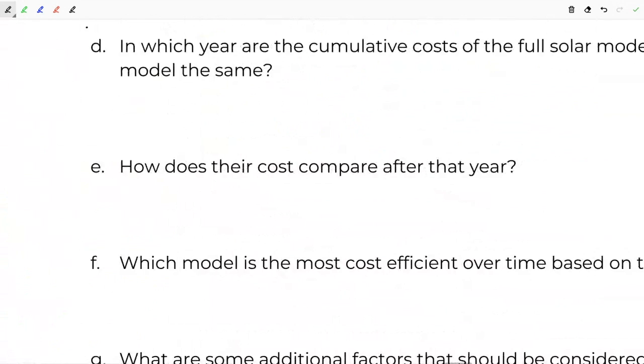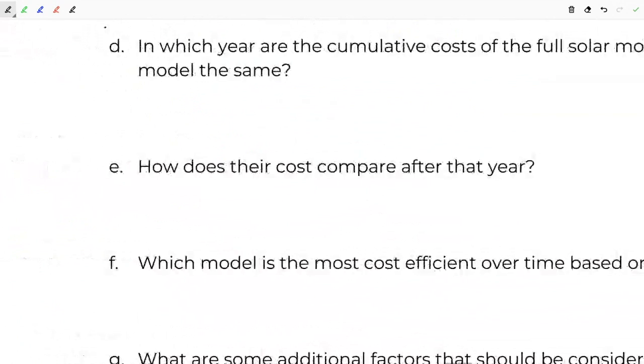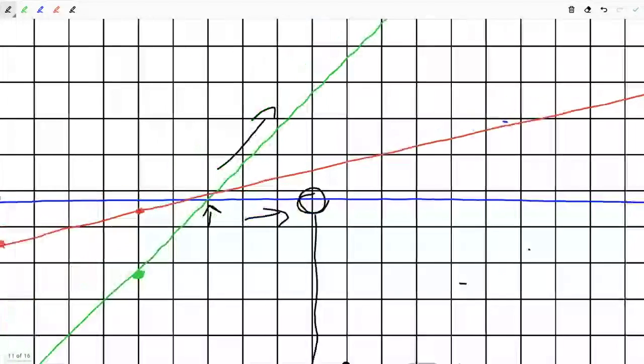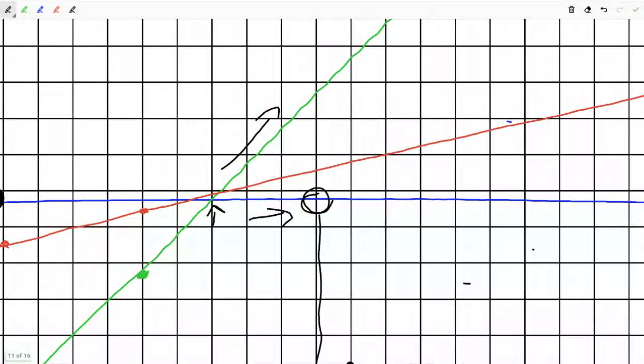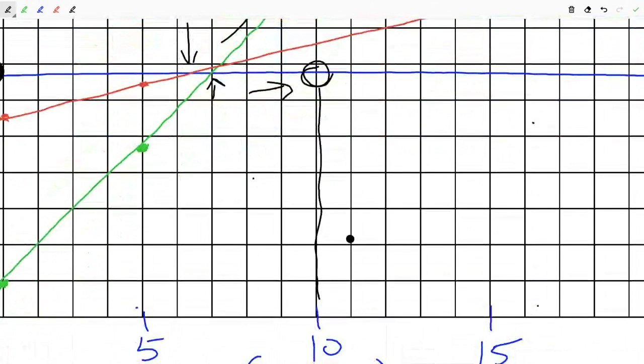In which year are the cumulative costs of the full solar model and the hybrid model the same? This is very similar. It's where the blue and the red lines intersect, which looks to be about year 6.5.